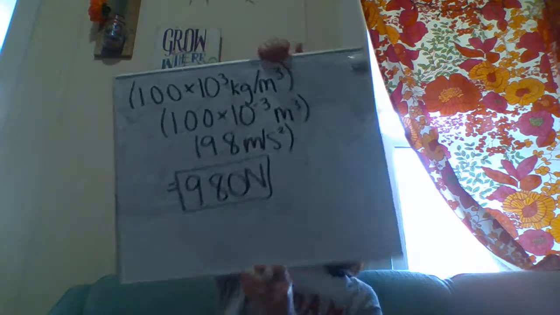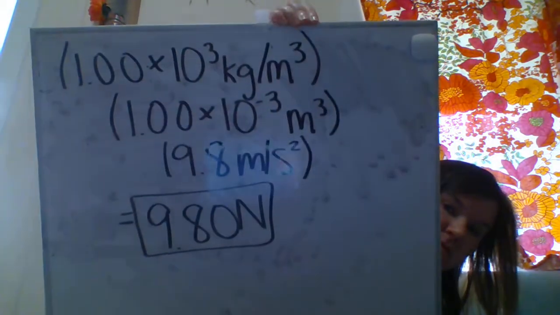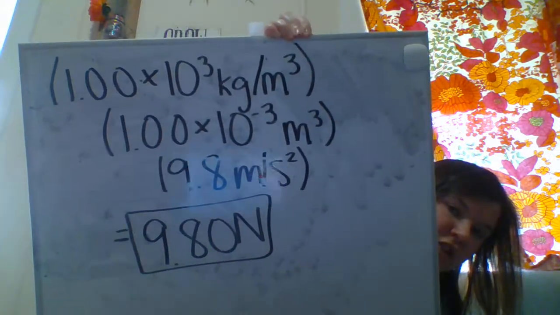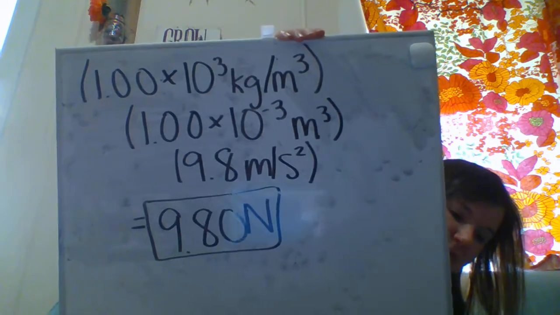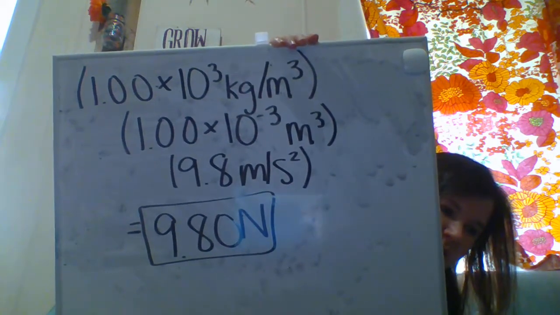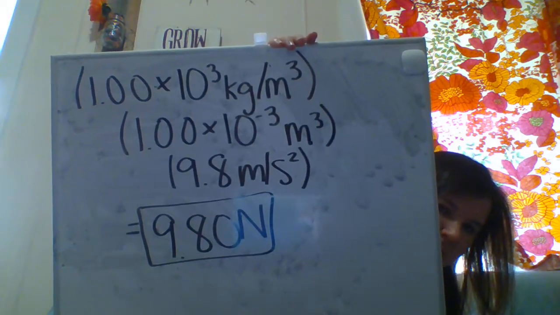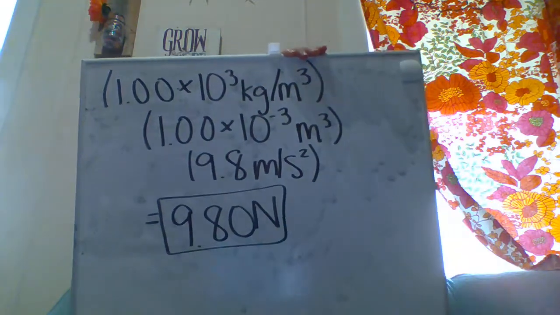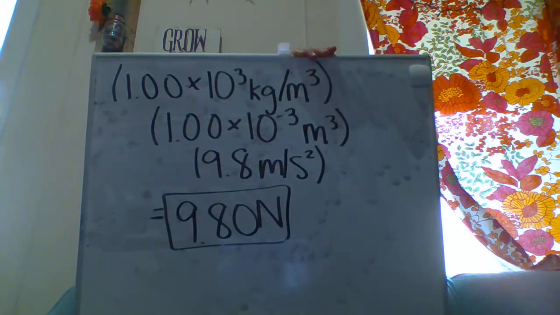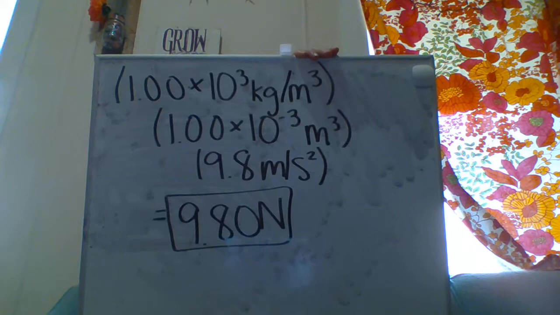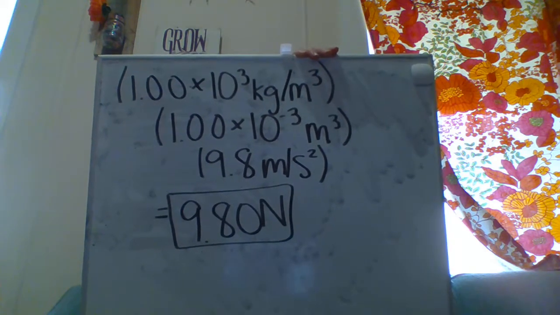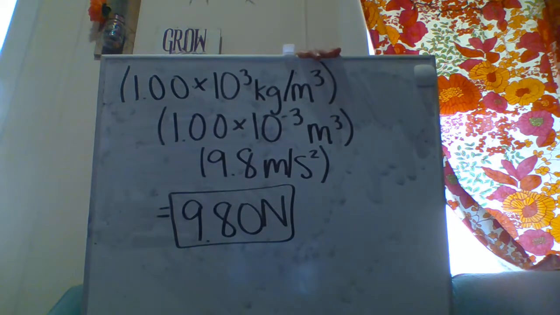They're just on top of each other because I didn't have enough room, but those are simply multiplied together. So when you're doing the buoyant force, you're using the density of the water.